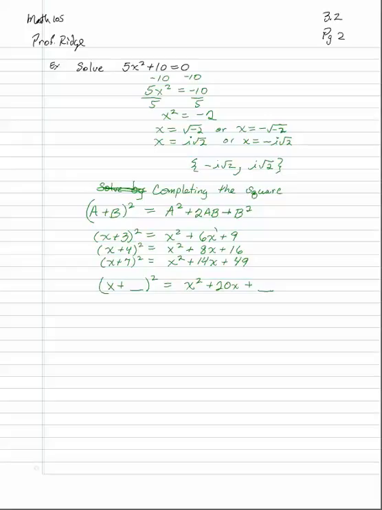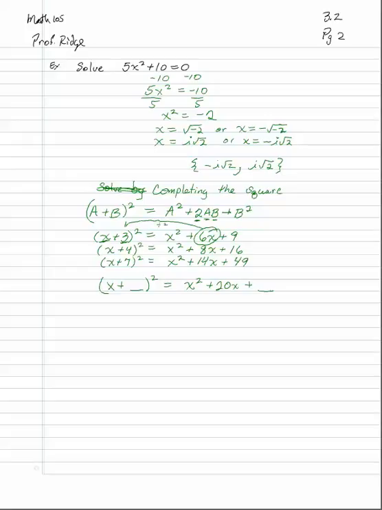To get this middle term, 6x, I do the x times 3 times the 2 to get 6x. So if I'm going to go backwards, I'm going to divide this 6x by 2 and get 3x, and then just split up the x and 3. Or just take the 6 divided by 2, which is 3.